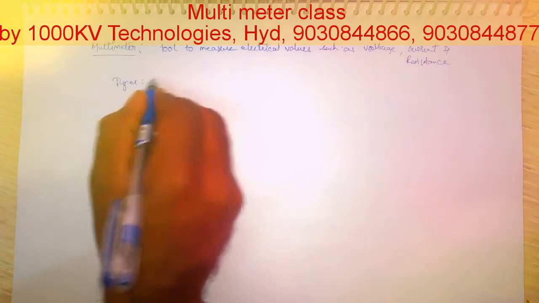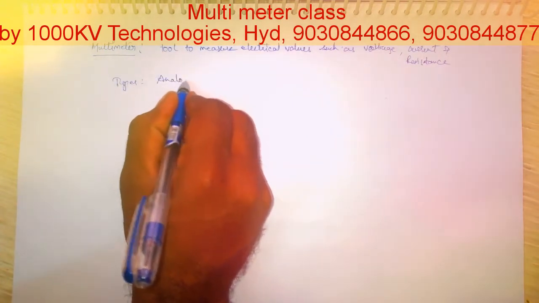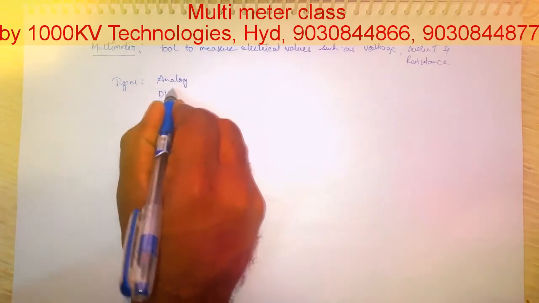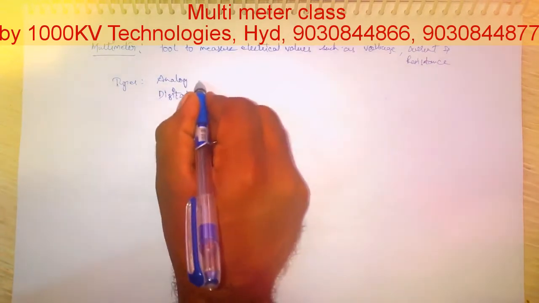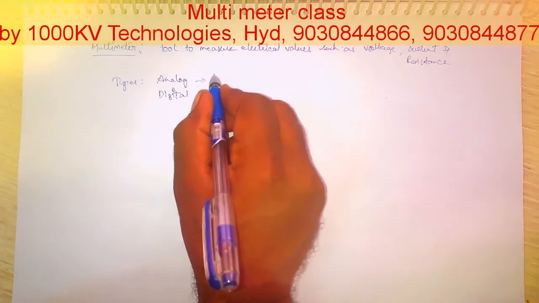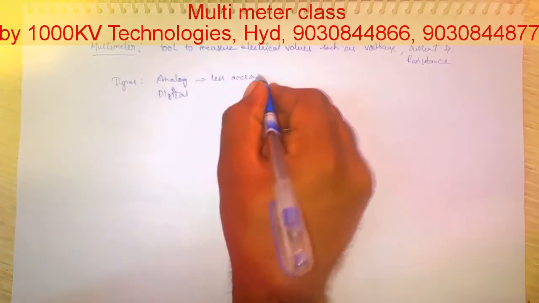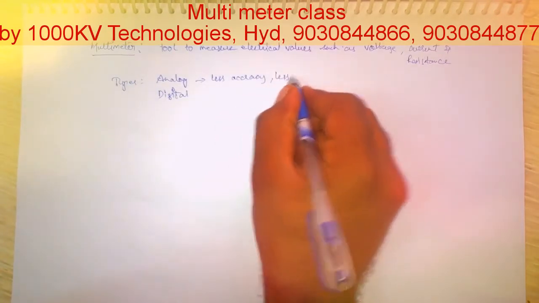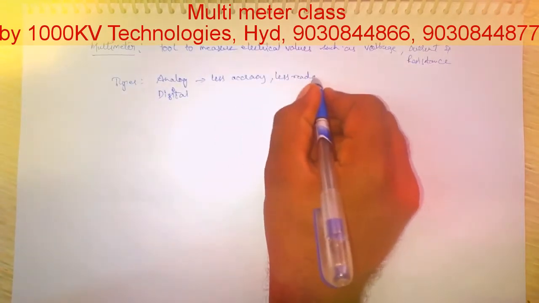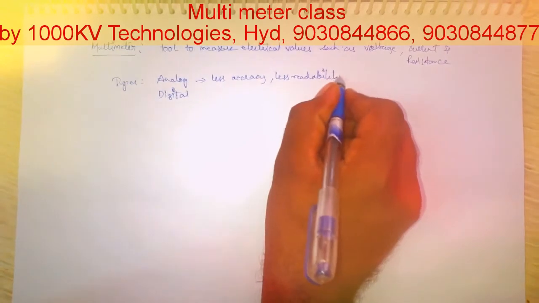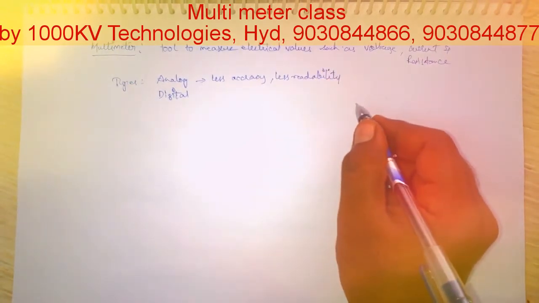Coming to types, analog and digital. Analog multimeters have less accuracy and less readability, and this leads to some errors, parallax errors.